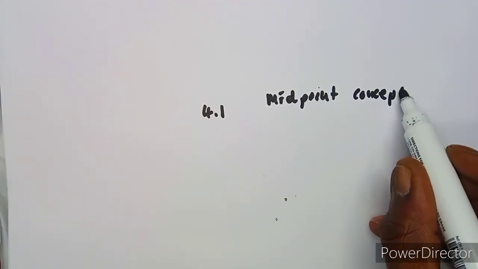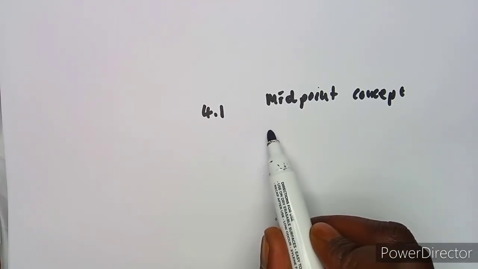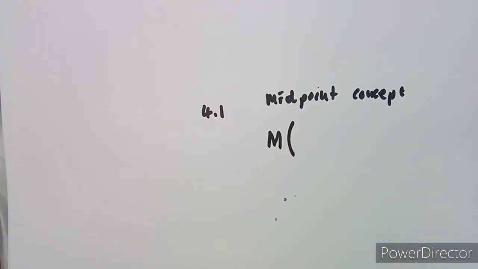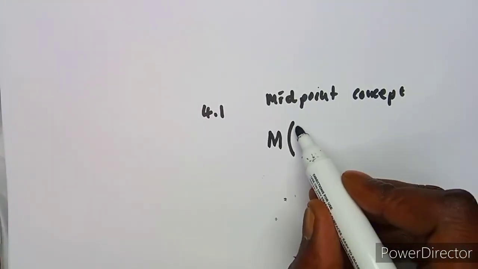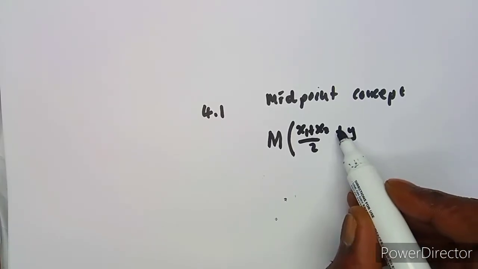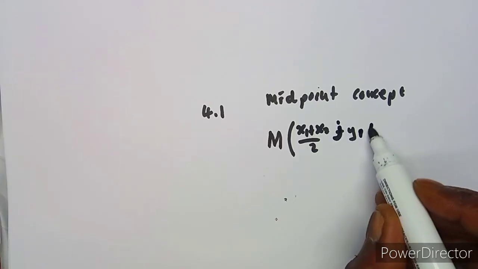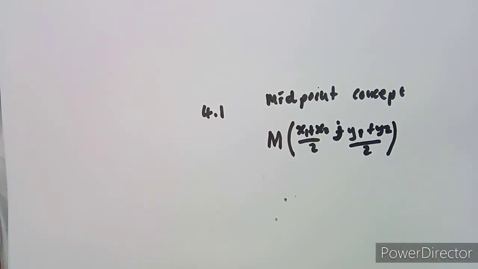So using the midpoint concept, remember that our midpoint is given by this formula, which is what you're supposed to write: x1 plus x2 over 2, y1 plus y2 over 2.